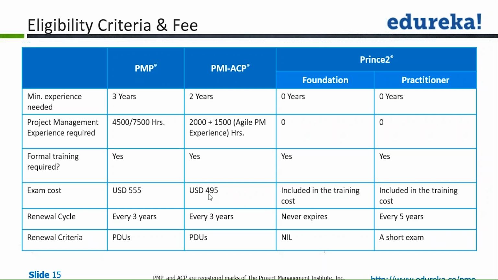But the certification exam cost is different. You need to pay that separately to PMI. But for Prince2 Foundation and Practitioner, the training cost that you see on our website is inclusive of your examination voucher cost as well. You need not pay anything extra or separate. I hope it gives you clarity on that.